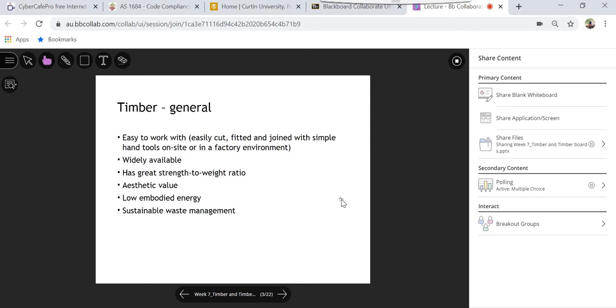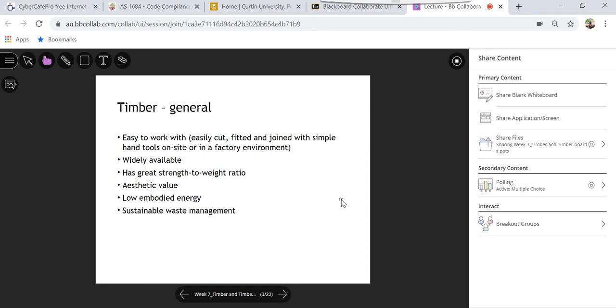Although it says timber has a great strength to weight ratio, to actually talk about strength to weight ratio, we need to compare different types of materials like concrete, timber, and steel. At the moment, we only know about concrete, so I'm not doing a comparison now.